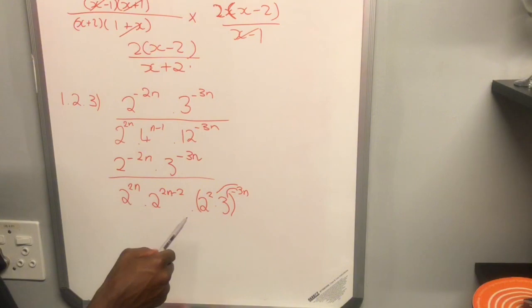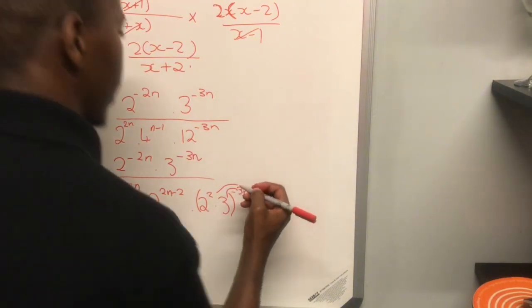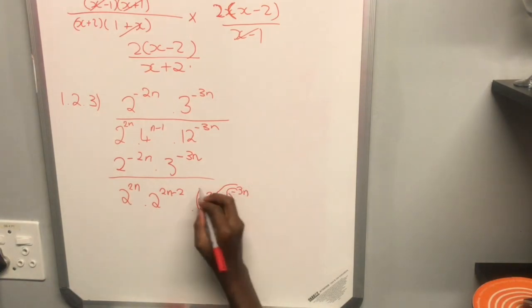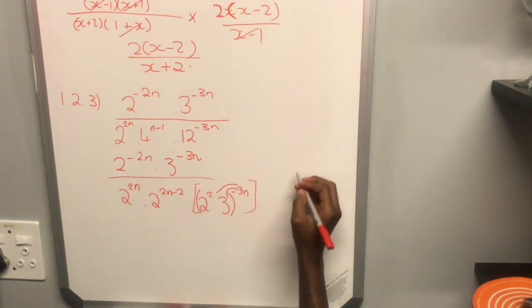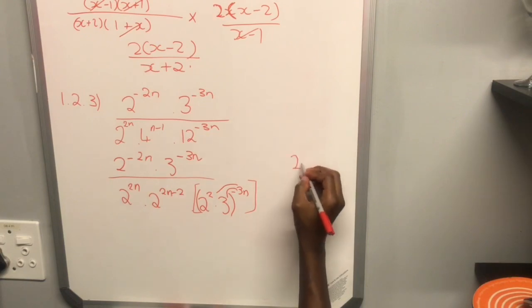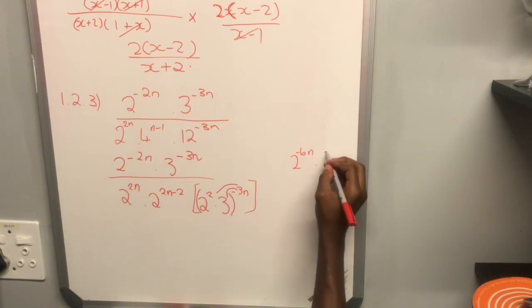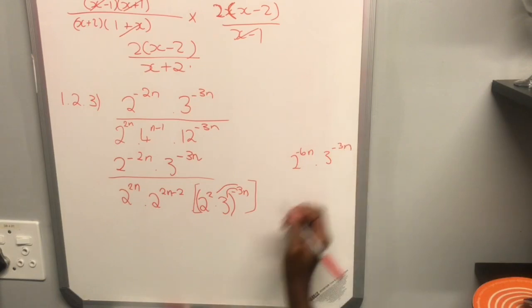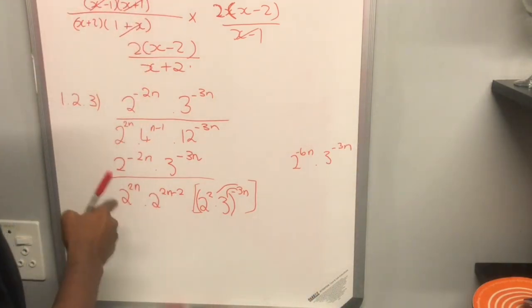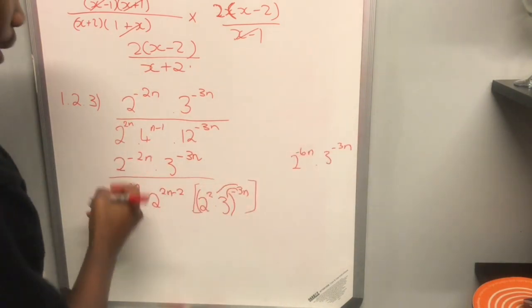We can start. We have to simplify this real quick. Let's simplify it on the side. So put this in the imaginary box over here. It's 2, 6, negative 6, and it's 3, negative 3, n. So let's take all the denominators upwards.